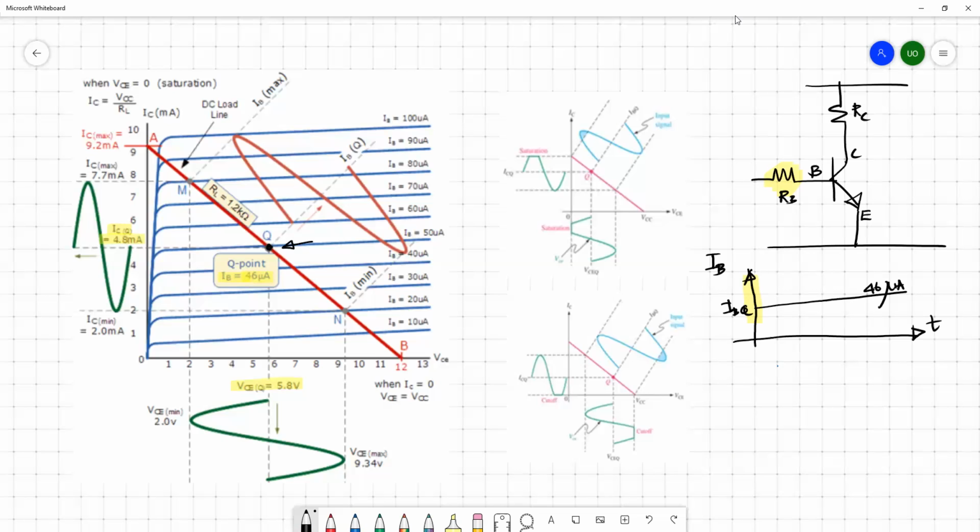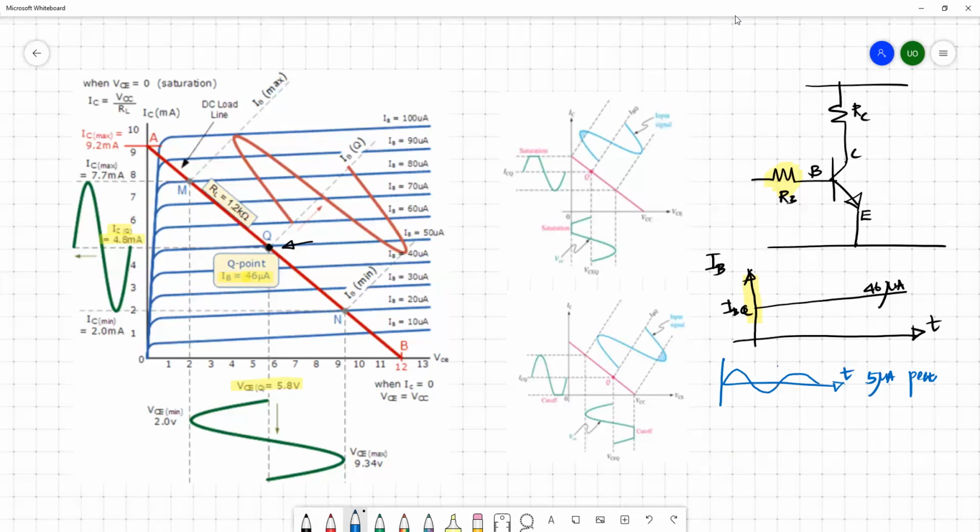So what I'm doing is injecting an external signal. Let's assume it's a pure sinusoidal signal. I'm generating a sinusoidal signal having a 5 microampere peak through an external current source.